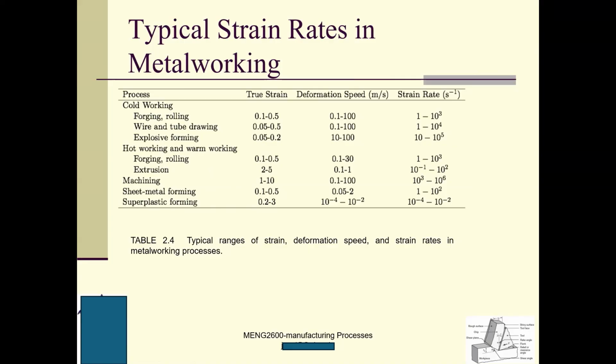What was the definition of cold working again? Cold working means that the operating temperature, the temperature at which you operate this process, is below the recrystallization temperature of this material.